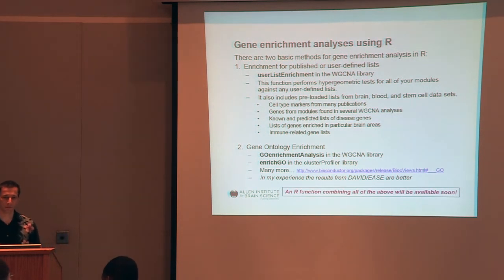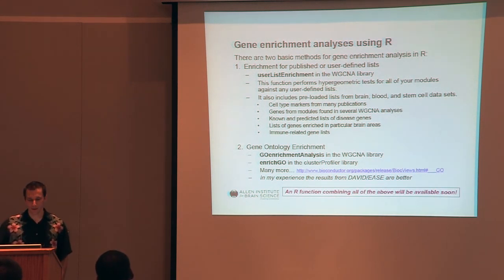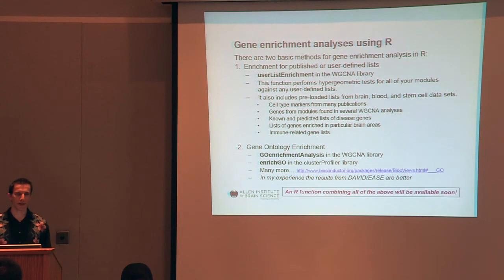You mentioned that DAVID is better. Is it because the results are more accurate, or they're just better in visualization? So the question is, why are DAVID and EASE better than the ones in R? I'm not exactly sure. It seems like the categories that you get back are ones where you get more of them back, and they tend to be more relevant than the ones you get back from the ones in R. It's also faster.